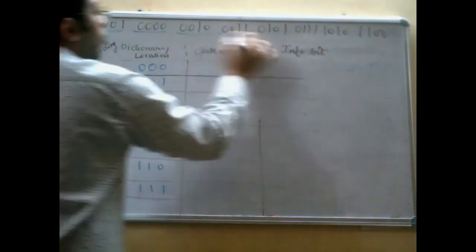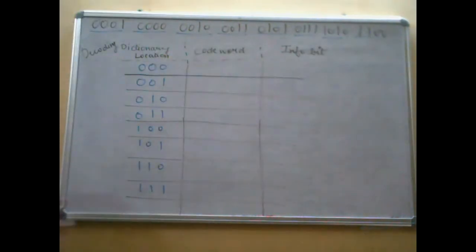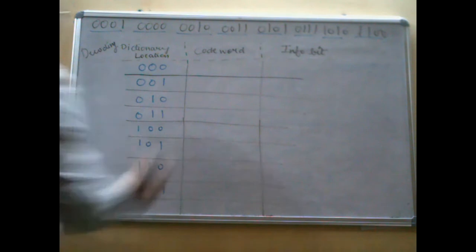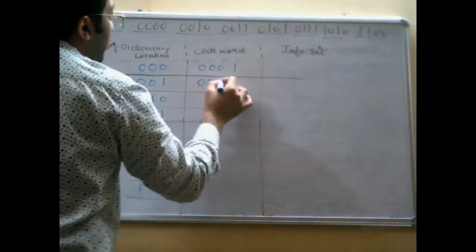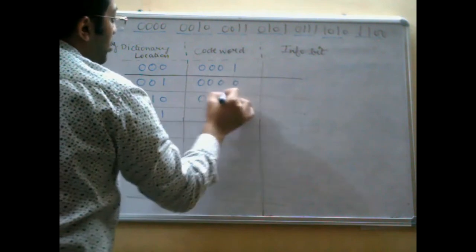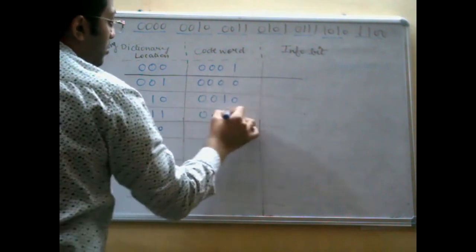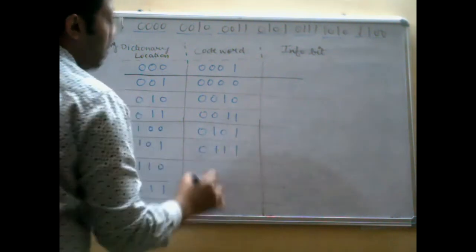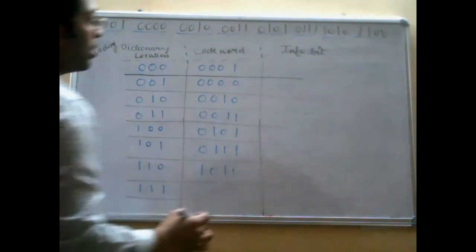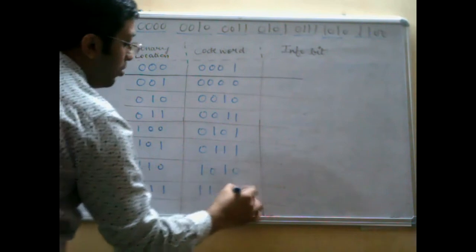You will write 4 bits each in the second column. Because this code word will be the code word encoded and now sent to the decoder to decode the original information that was sent. What is the code? I'm writing over here 0001, 0000, 0010, 0101, 0111, 1010, and 1100.